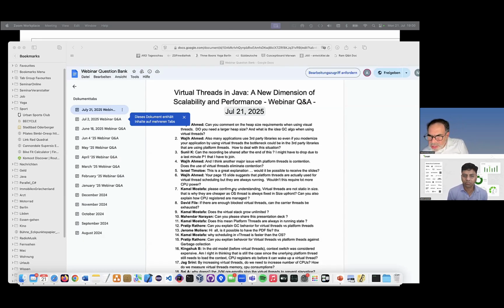Mustafa Kamal, please confirm my understanding. Virtual threads are not static in size. That is why they are cheaper, as operating system threads are always fixed in size upfront. Can you also explain how CPU registers are managed? So that question has two parts. Yes, virtual threads are not static in size. Platform threads are.